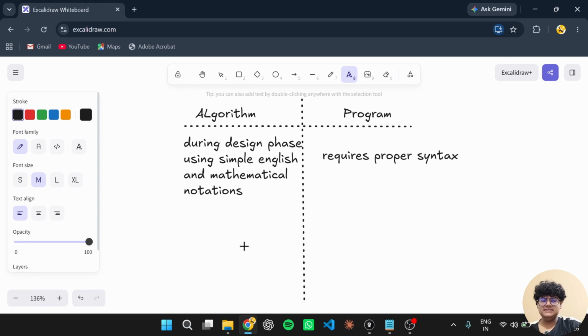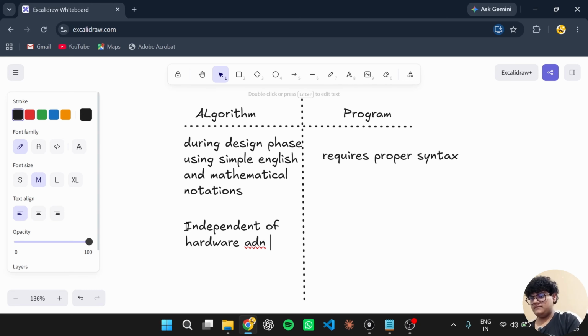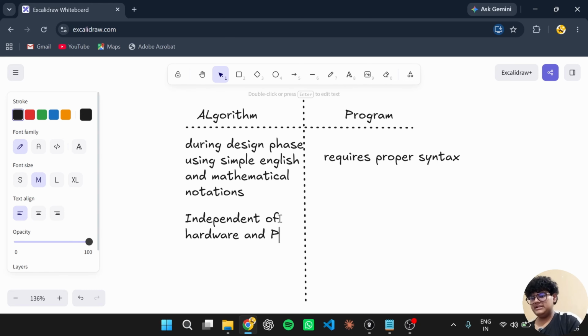The next difference is that because an algorithm is a designing concept, it is independent of any hardware and operating system, while a program is dependent on hardware and operating system.